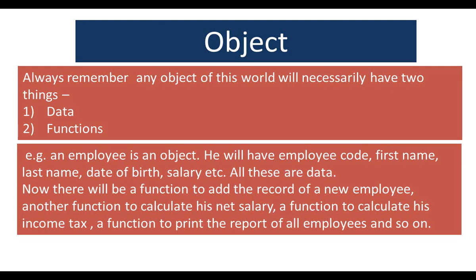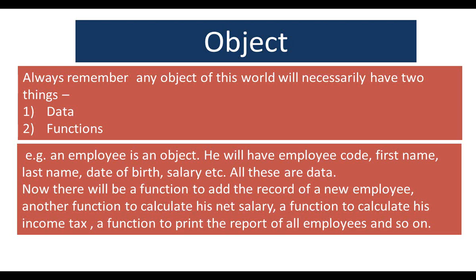Always remember, any object of this world will necessarily have two things: data and functions. For example, suppose there is an employee, David. So this employee, David, will be an object. He will have employee code, first name, last name, date of birth, salary, etc. All these are data.